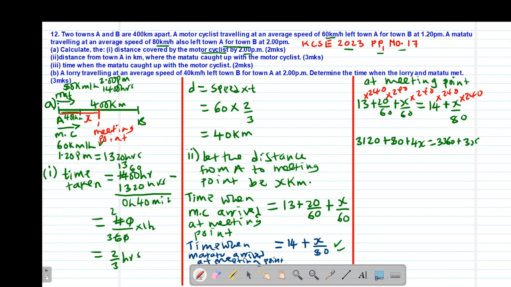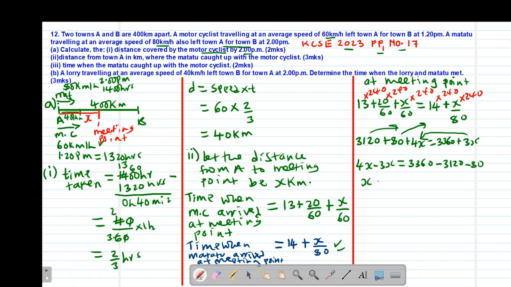Then I collect the like terms. I take the 3x to this side, so I have 4x minus 3x being equal to 3360 minus 3120 minus 80.